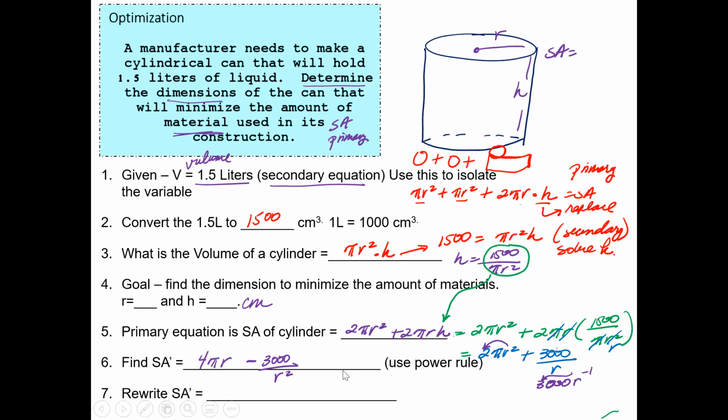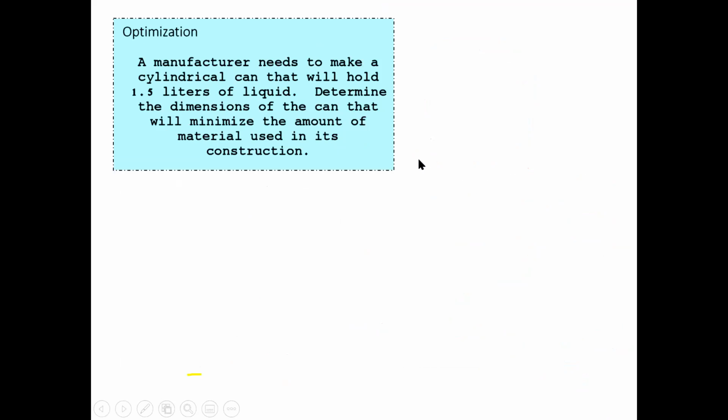Okay, so next I want to go ahead and find the critical point by setting SA prime equal to 0 and solving for r. So from the last one, you know that SA prime is going to be 4 pi r minus 3000 over r squared. Let's set that equal to 0.